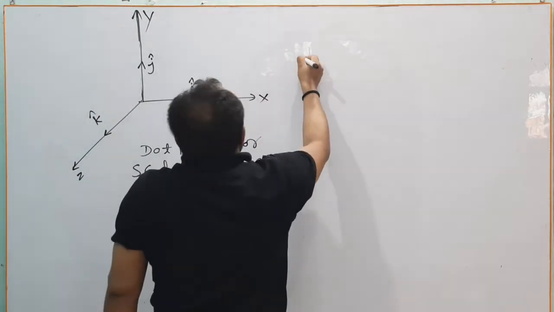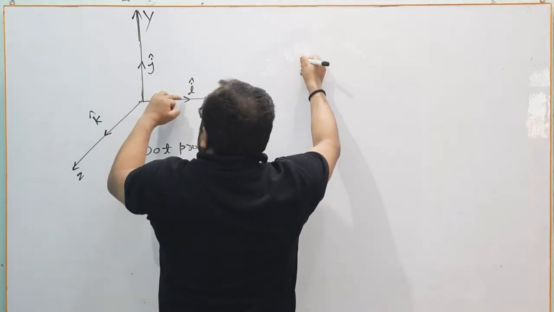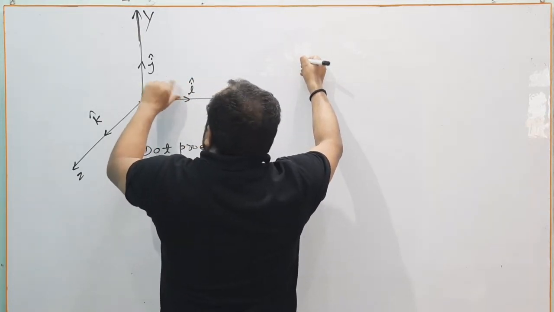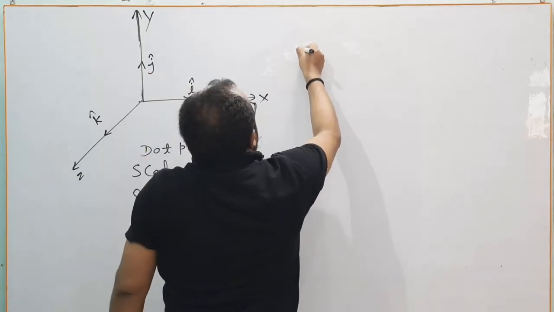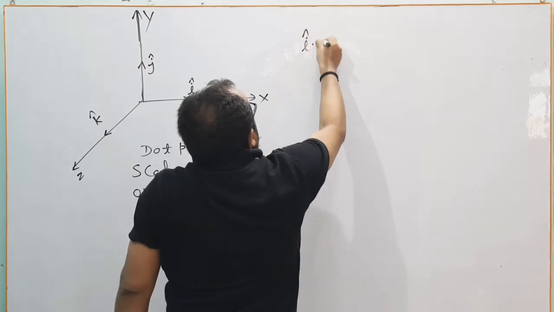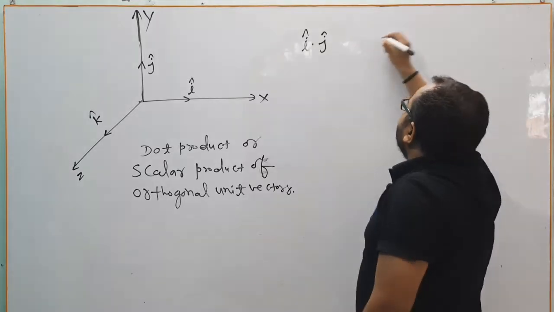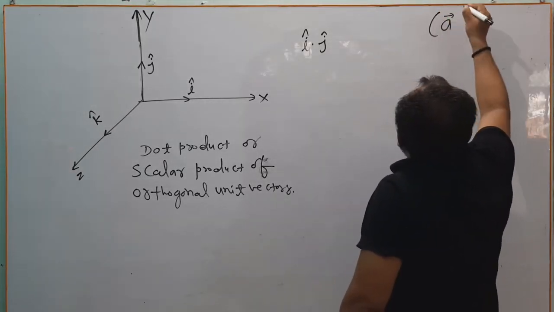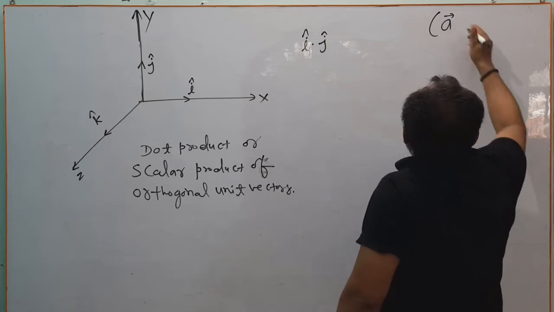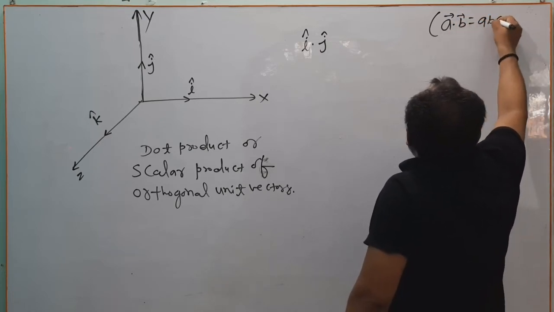First of all, we will see the dot product of two different orthogonal unit vectors, as for i dot j. According to the definition or formula of the dot product of two vectors, a dot b is equal to ab cos theta.